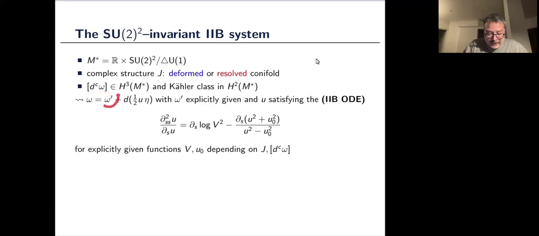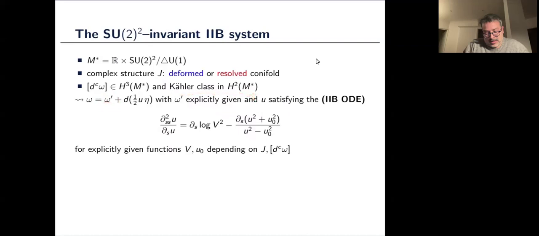The complex structure is fixed, so I can fix a form omega prime such that dC omega prime is this specific, unique SU2 times SU2 invariant representative. Fixing omega prime involves the freedom of adding a closed 1-form or closed 2-form, so there's some choice to make.